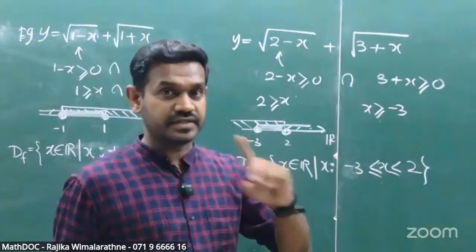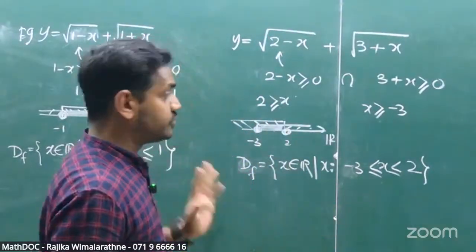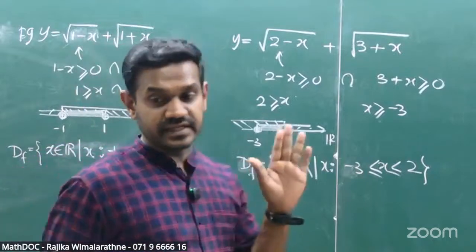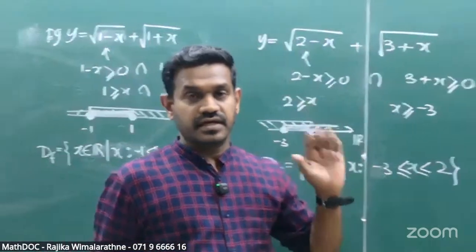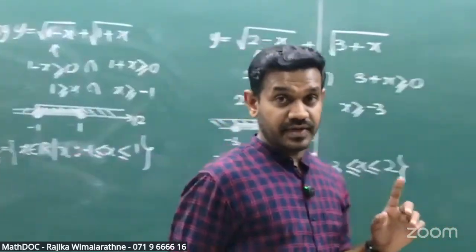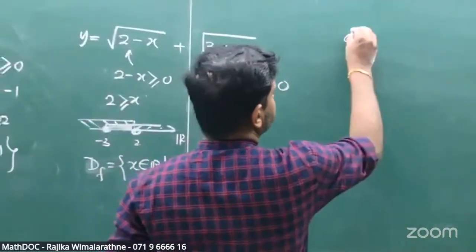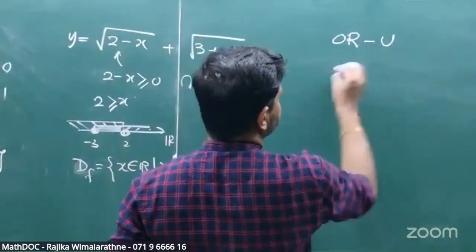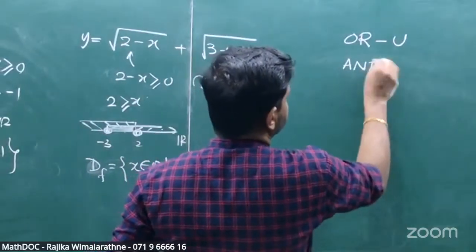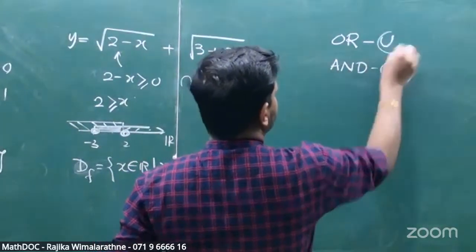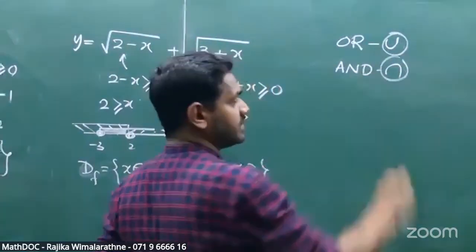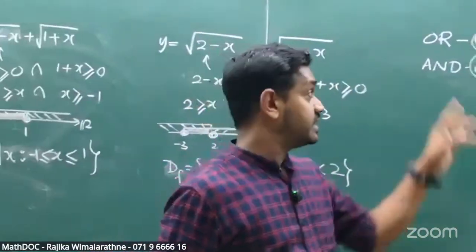That is the AND operation, not union. Usually we consider this one first. So in mathematics, OR operation is union, AND operation is intersection.